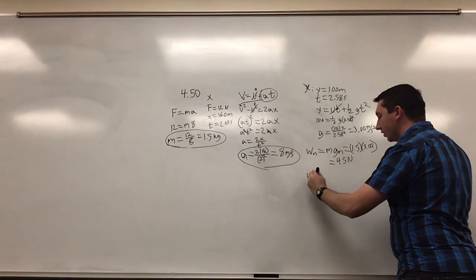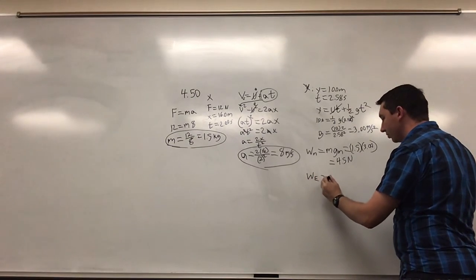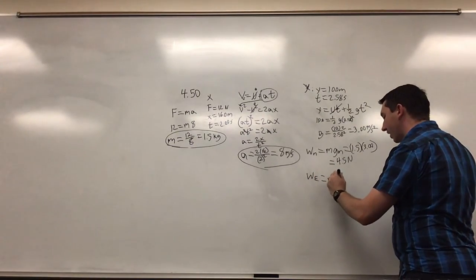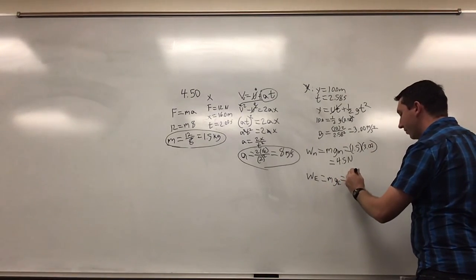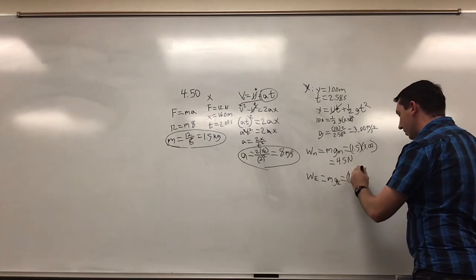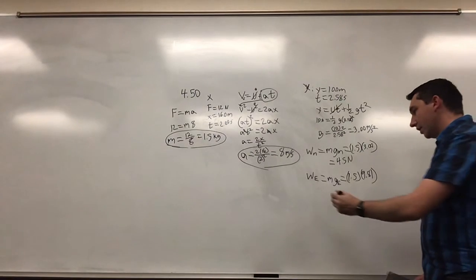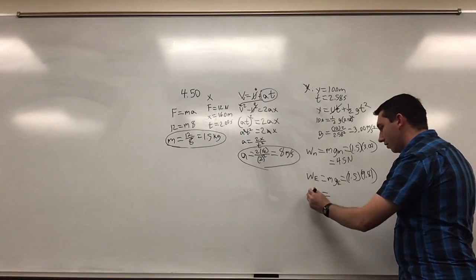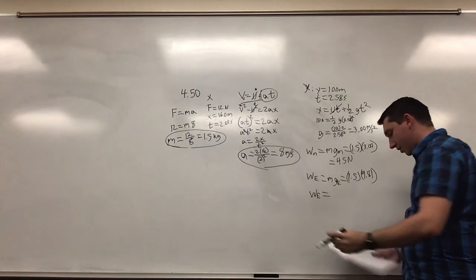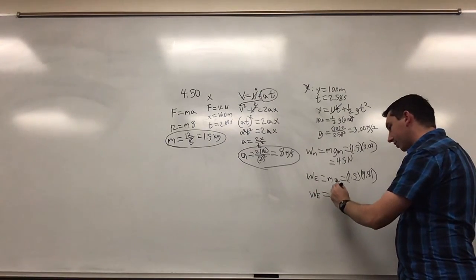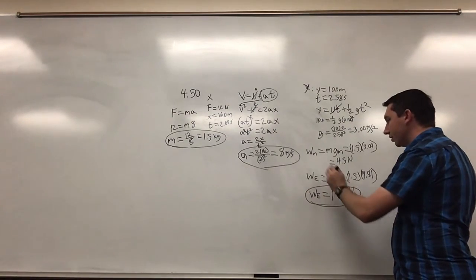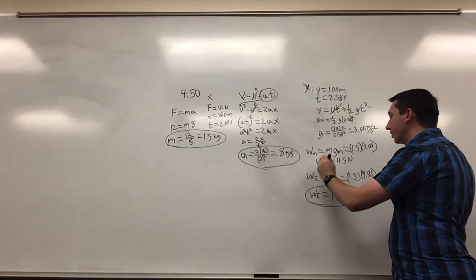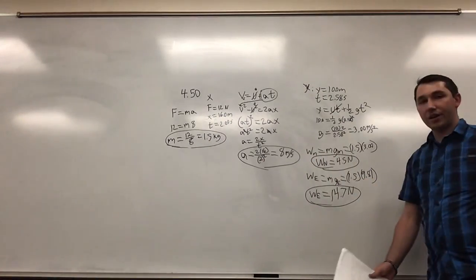And then the weight on Earth of the tool is equal to the mass times the gravity of Earth, which is 1.5 times 9.81, and that gives us a weight on Earth of 14.7 newtons. So that's the weight on Earth, and that's the weight of the tool on the new planet, and that's how you do that problem.